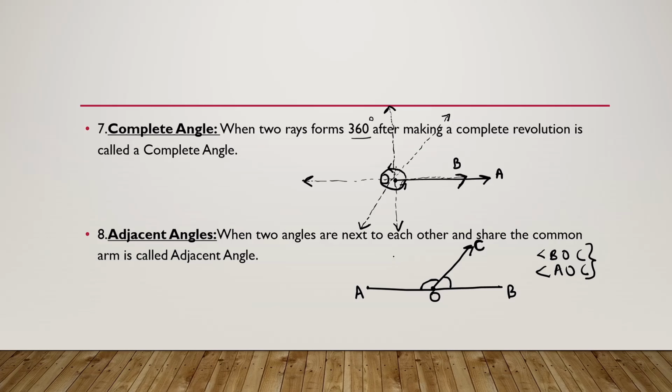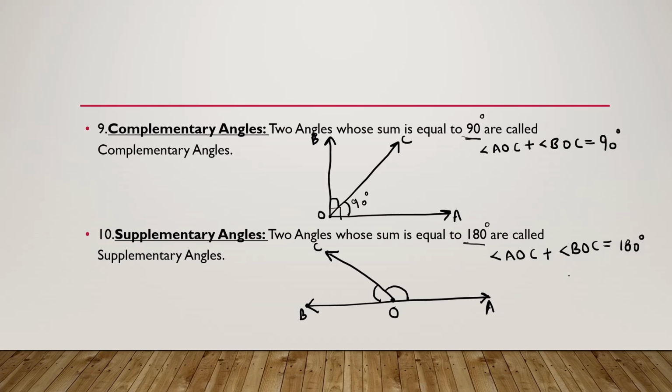Now the next one is adjacent angle. When two angles are next to each other and they share a common arm, it is called an adjacent angle. In this image you can see these two angles are next to each other and they are sharing this ray, that is OC. They share the common arm, so they are adjacent angles. Angle BOC and angle AOC are adjacent angles.